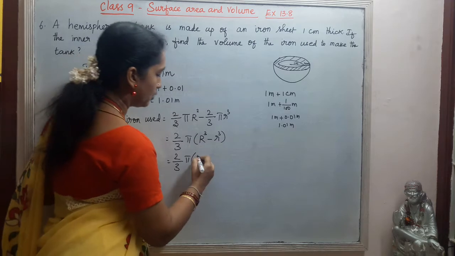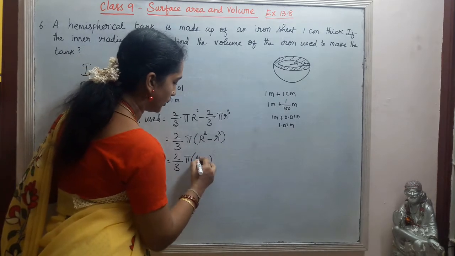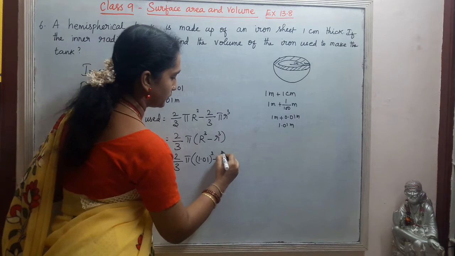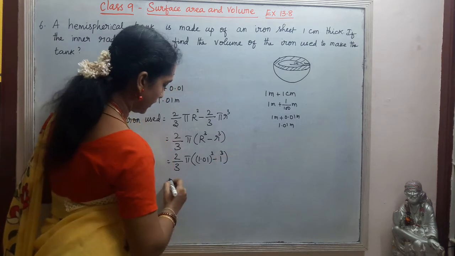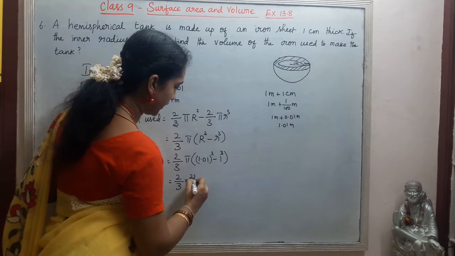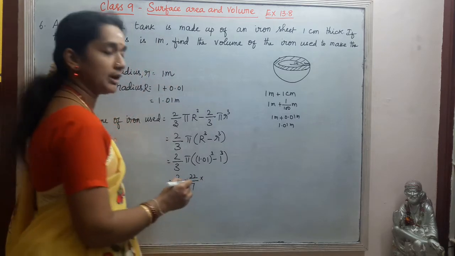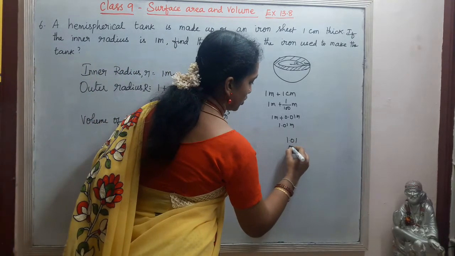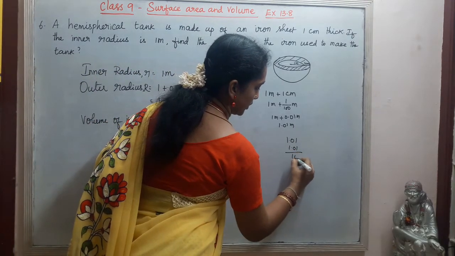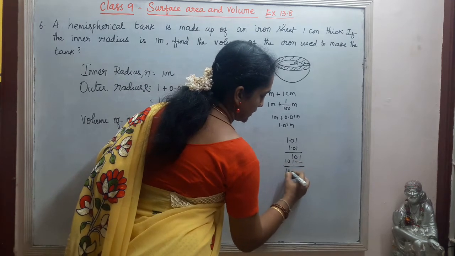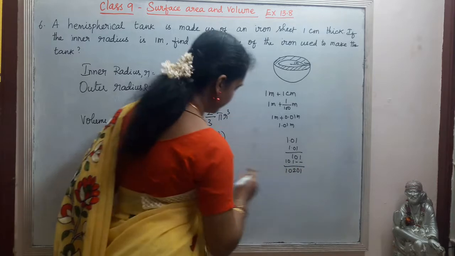So this is equal to 2 by 3 pi into R cube. Capital R is 1.01 the whole cube minus small r is 1 cube. Okay, so this is equal to 2 by 3 into 22 by 7 into 1.01, 3 times we need to multiply. So 1.01 times 1.01, this is 101 times 101, which is 10201.